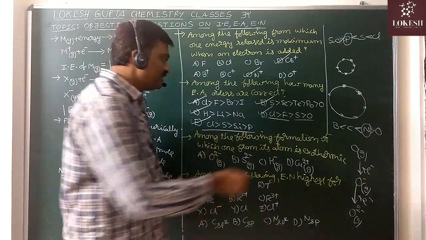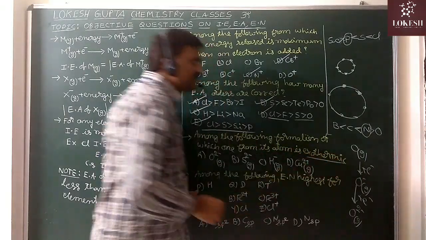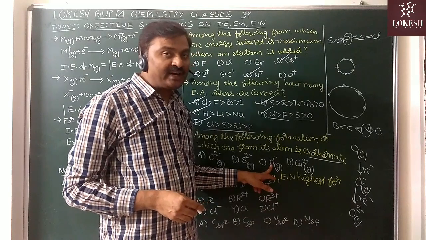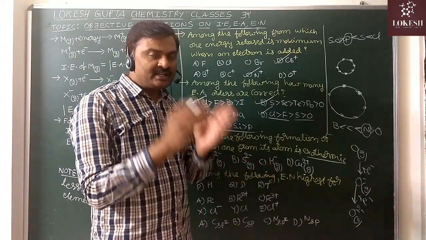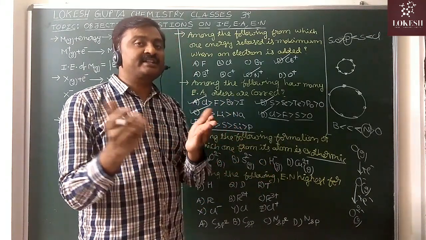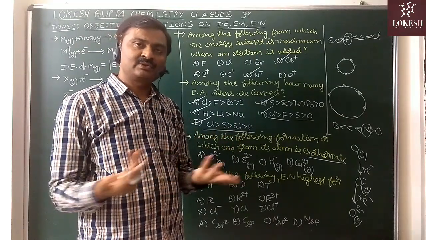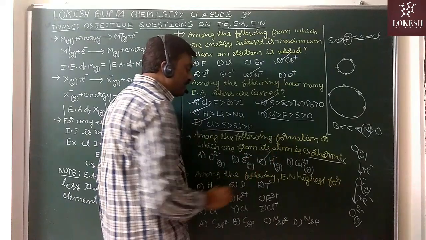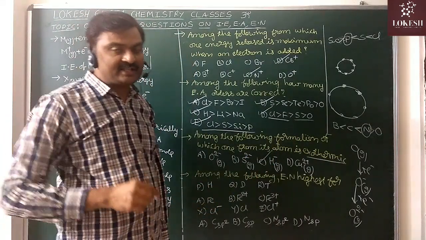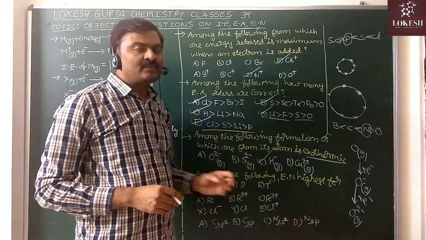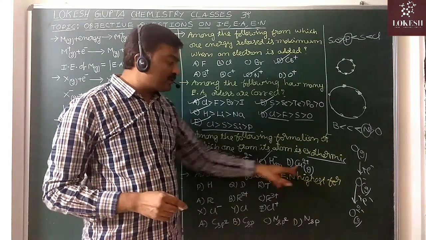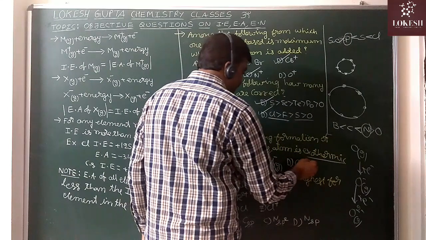But our question is exothermic. Next, formation of hydride ion H minus: H gas plus 1 electron gives rise to H minus gas. So E1 only. That's why formation of gaseous hydride ion from gaseous hydrogen atom is exothermic. What about formation of the cupric ion?